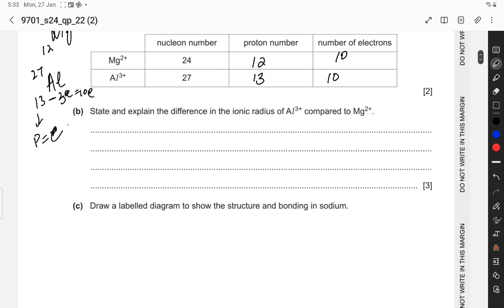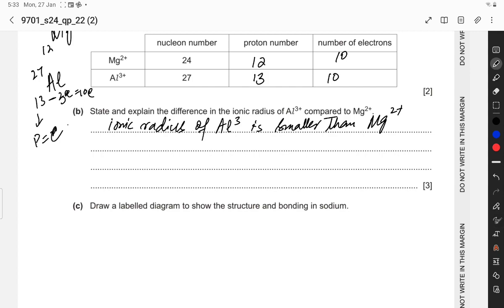State and explain the difference in the ionic radius of aluminium 3 plus compared to magnesium. The ionic radius of aluminium 3 plus is smaller than magnesium 2 plus.